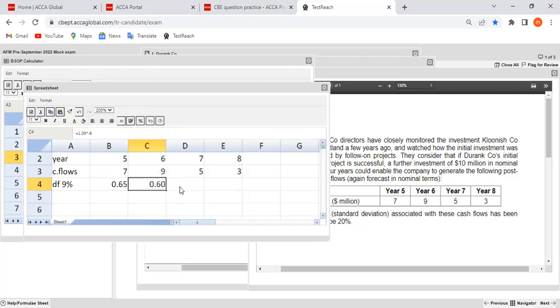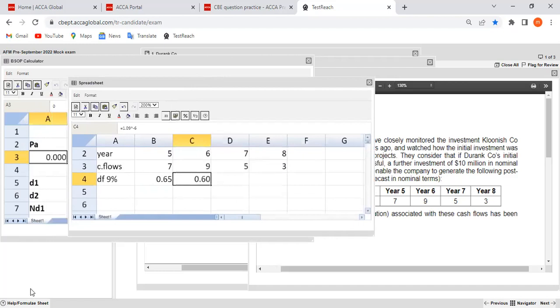If you do not have this, meaning you want to save time in the exam, you do not want to calculate, no problem, just open the formula sheet and you can write it down. Okay, 1.09 raised to the power minus 7, this one, and then 1.09 raised to the power minus 8, this one. 0.547.